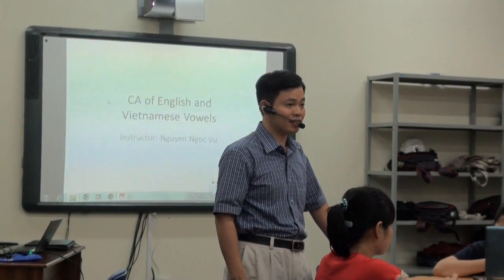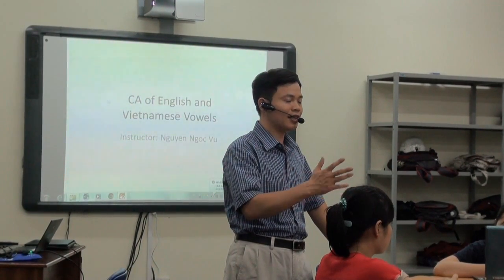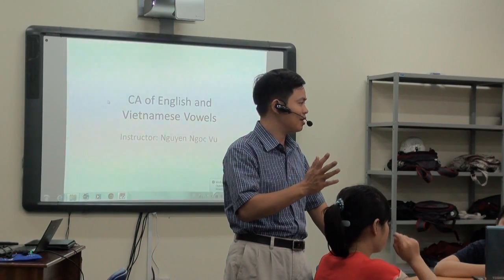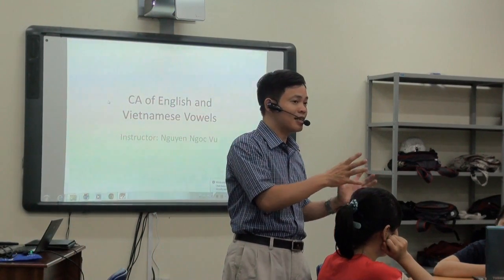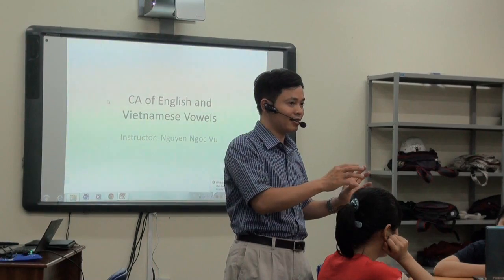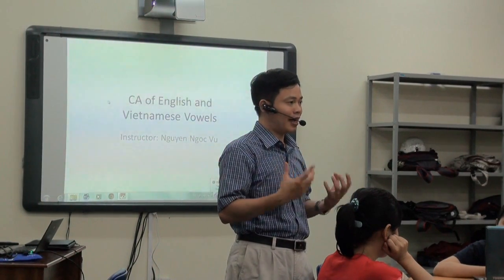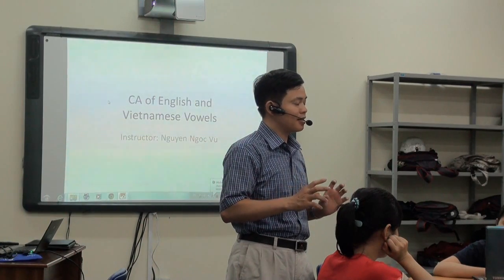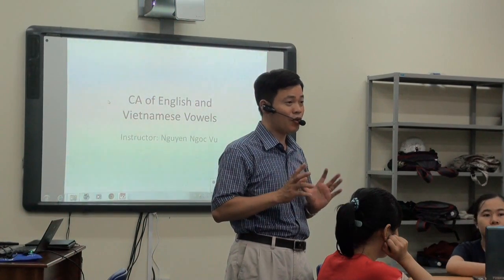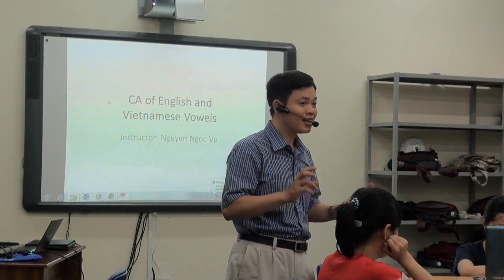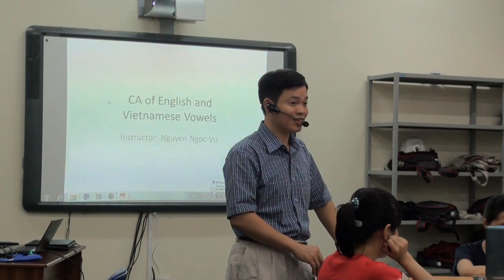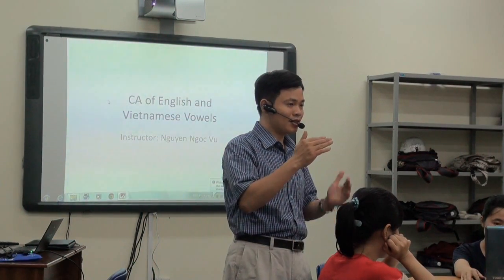Let's say when we compare English and Vietnamese, we need to describe the area in English, what it looks like in Vietnamese, and then we describe the theoretical framework we are going to use for analyzing.